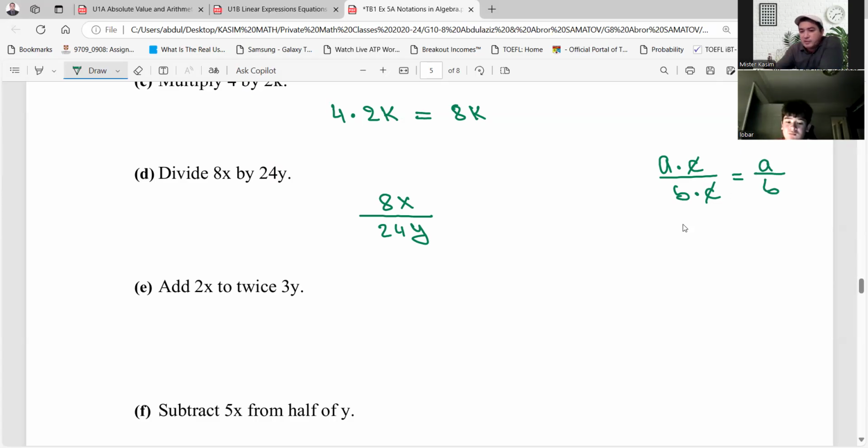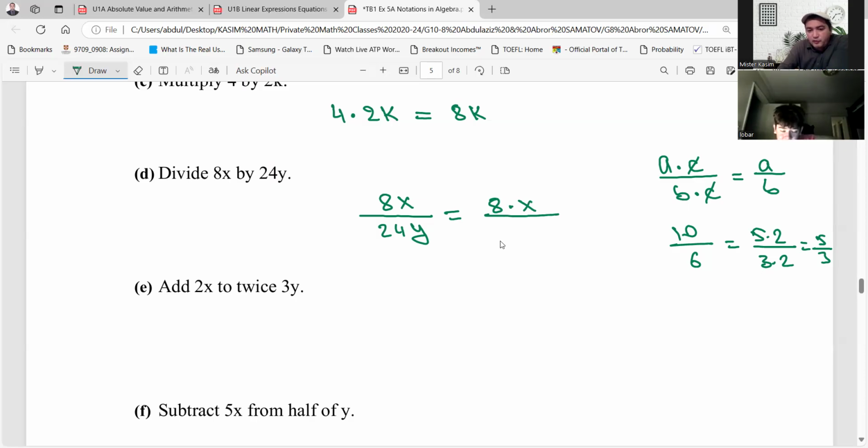Like, for example, 10 over, let's say, 6. 10 is 5 times 2. 6 is 3 times 2. The 2s cancel each other. That is equivalent to 5 over 3. Right? So that's what I mean. Here, if you simplify this, 8x means 8 times x.